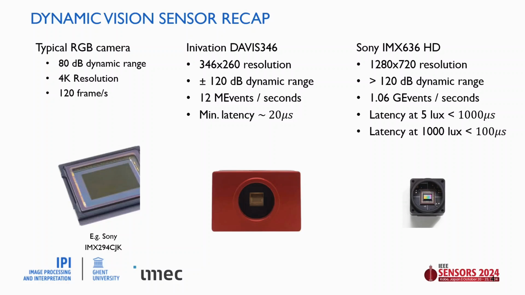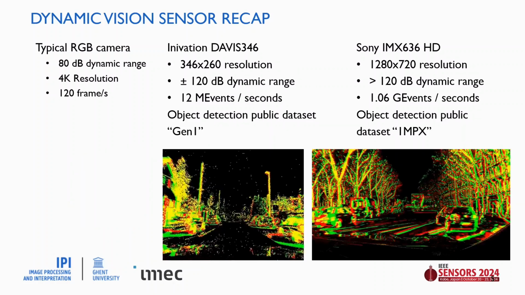And recently, we can now also enjoy HD resolution in event cameras, up to 720 pixels. And then the event stream can be up to more or less 1 giga events per second. In the meanwhile, we also have a very low latency, below a millisecond, which is very difficult for RGB cameras in the consumer segment to compete with.